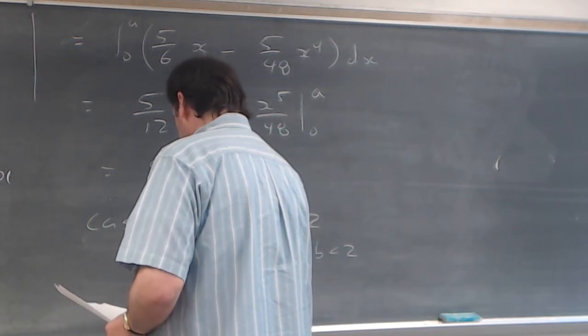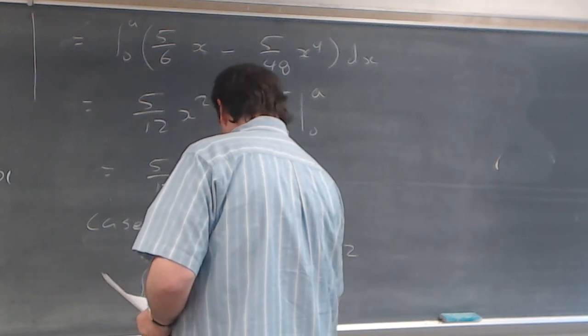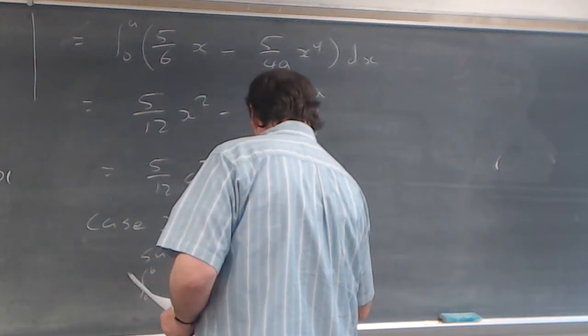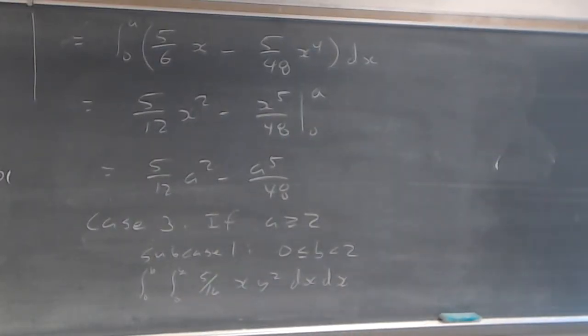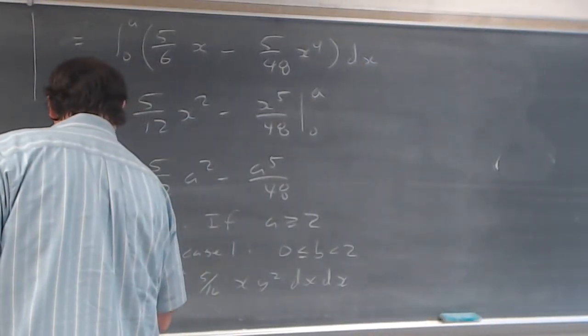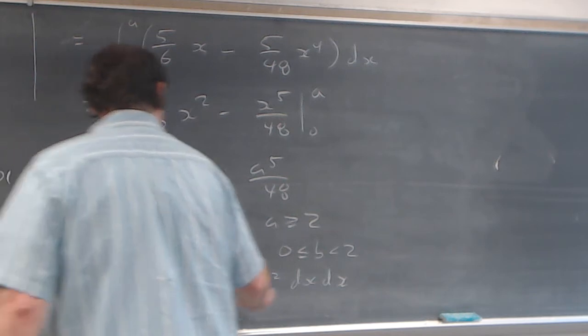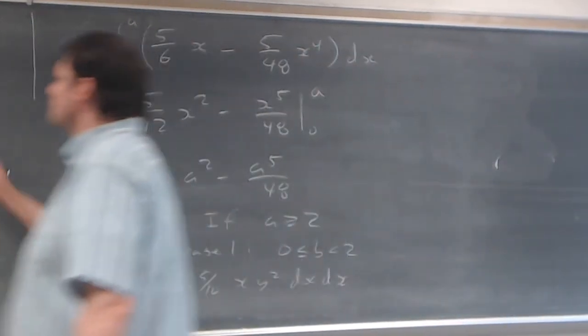And the x values will run from 0 to y here, 5 16ths x y squared dx dy. That's what we have. And that's based on the definition of the CDF, the joint CDF, and using our particular joint PDF here for where it's non-zero. That's what we have.